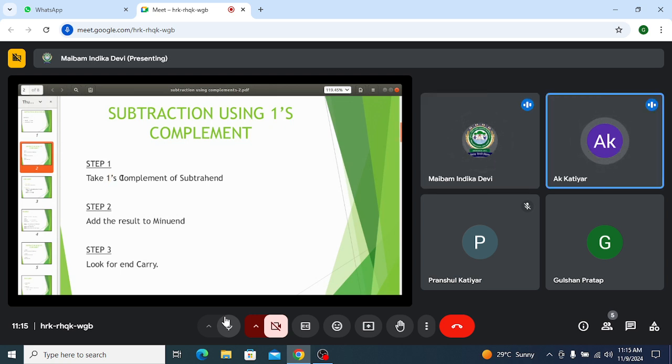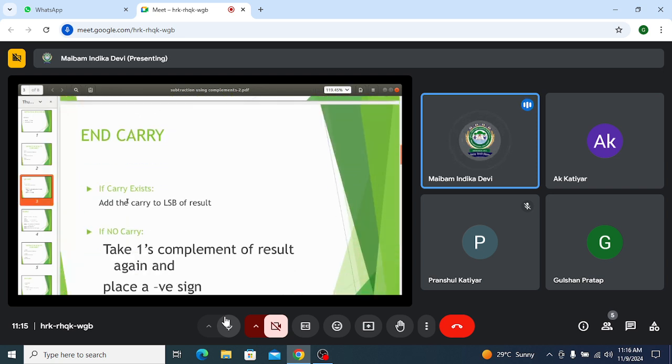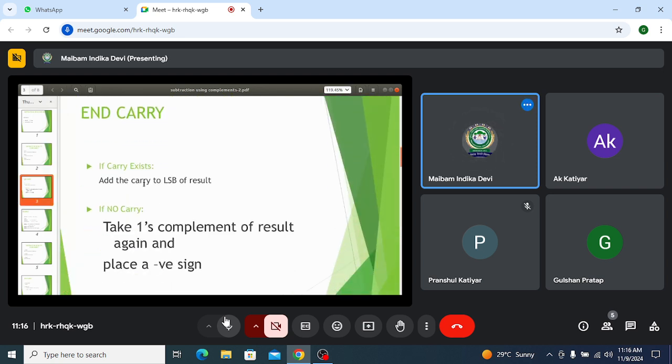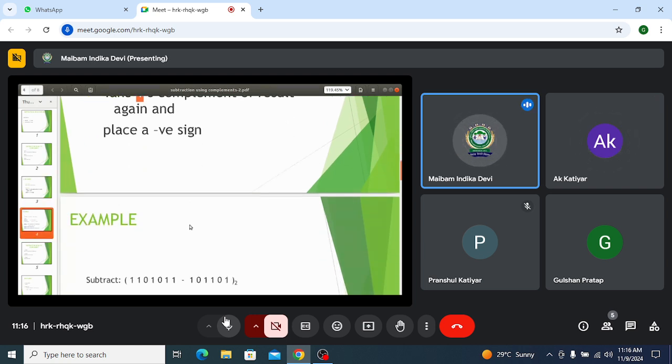So you take nines complement of the subtrahend, add the result to the minuend, and look for an end carry. If there is an end carry, add the carry to the least significant bit. If there is no end carry, take nines complement of the result and place a negative sign.